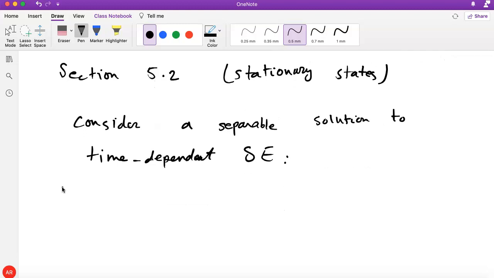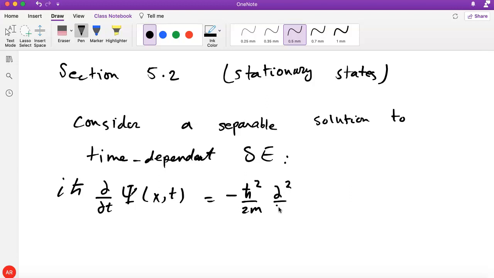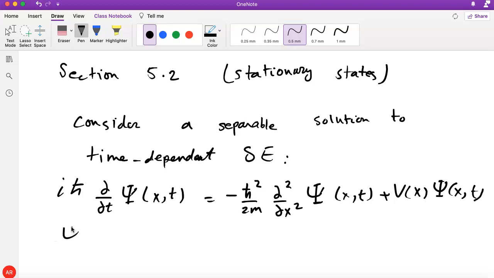So we write the equation again. And we're saying we're separating the variables, so we're looking for the type of solutions that can be written as a product of something that only depends on x and something that depends only on t.